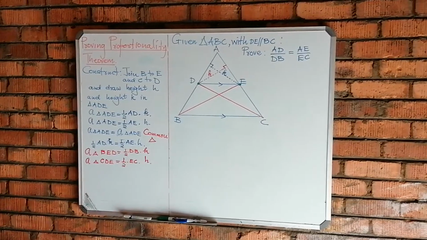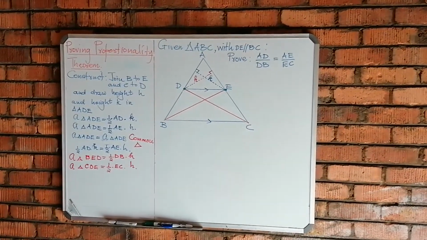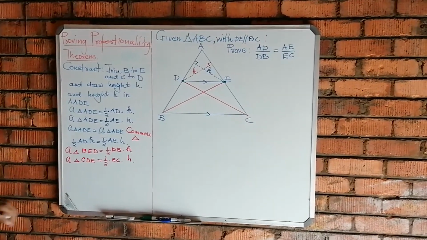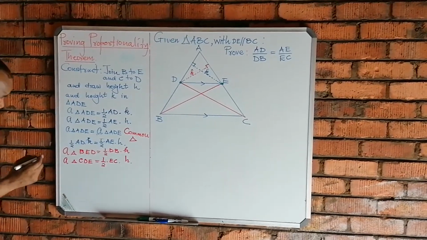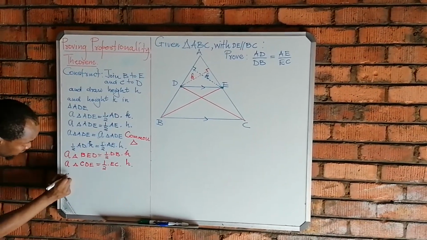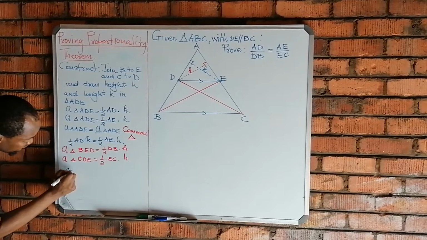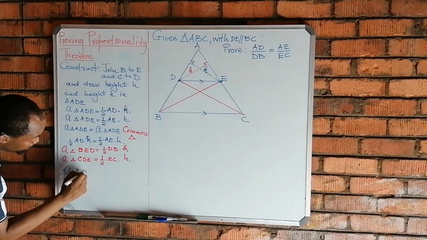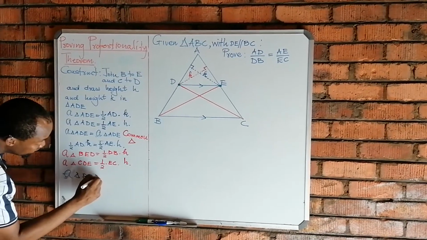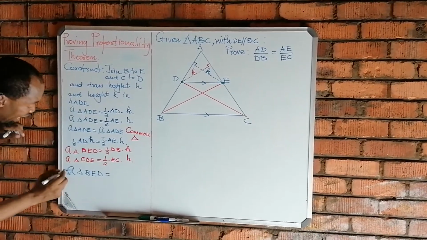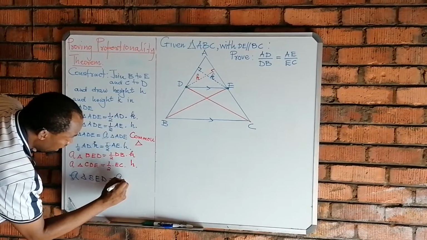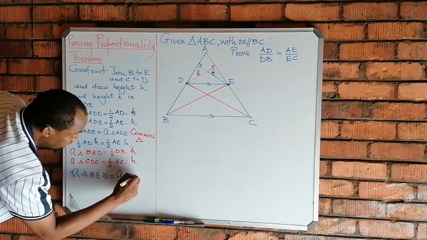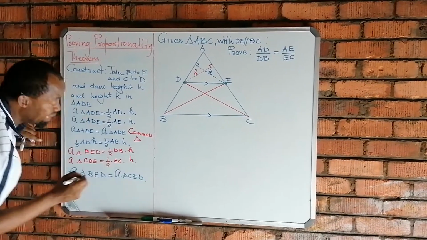Now, let's look at the two triangles. I can rightfully say area of triangle BED will be exactly the same as area of triangle CED.